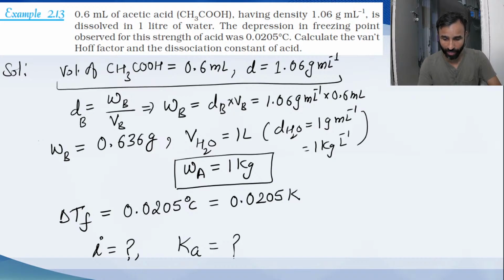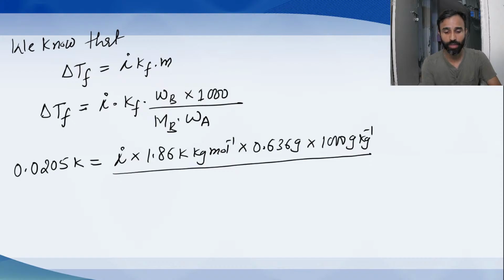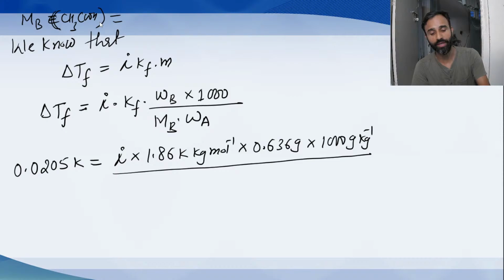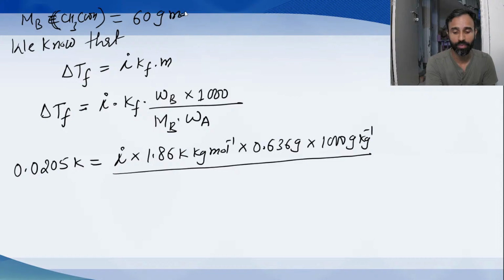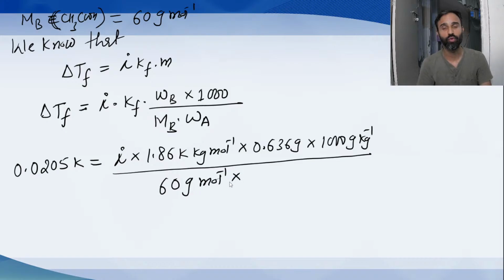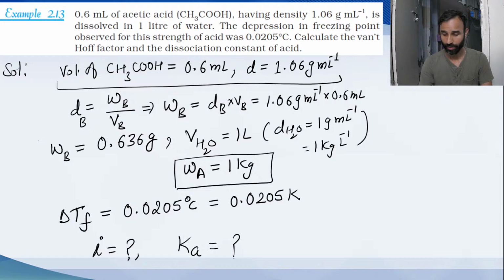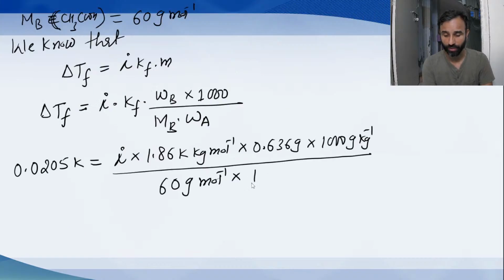Okay, MB we can calculate because it is simply acetic acid. CH3COOH: 24 plus 4, 28, plus 32, that is 60 gram per mole. So MB is 60 gram per mole. WA is 1 kg.